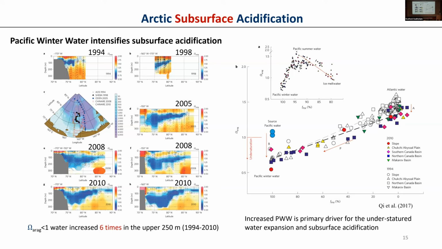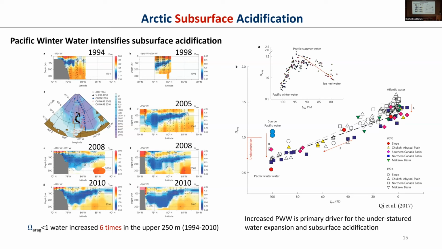You can tell the change by the blue area changes. And we also quantified that this blue area, the undersaturated water, has increased by 3 times.